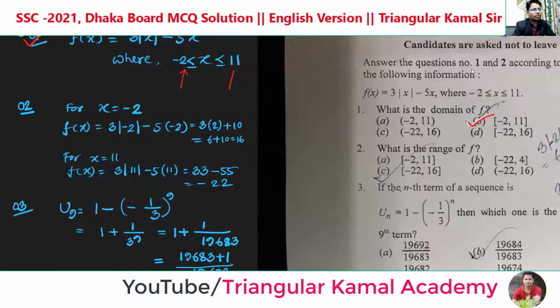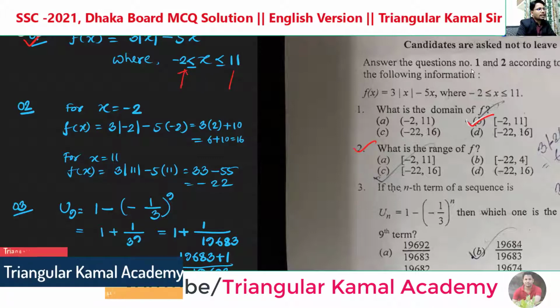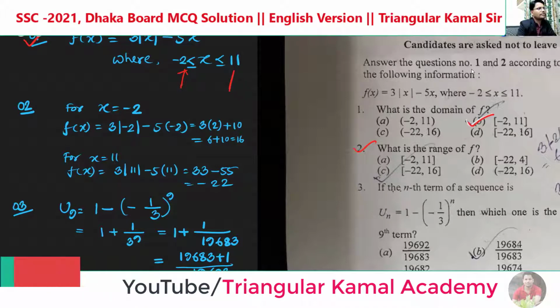So the second question: what is the range of f? We see the domain, the lowest value is -2 and the highest value is 11. When we apply -2, f of x will be 3 absolute value of -2 minus 5 multiplied by -2. The absolute value of -2 will be +2, because with the minus sign in the formula there will be another minus, so it becomes plus.